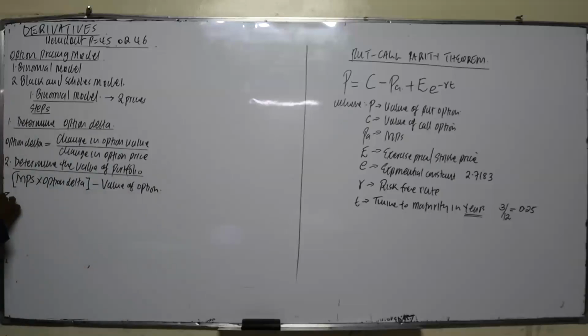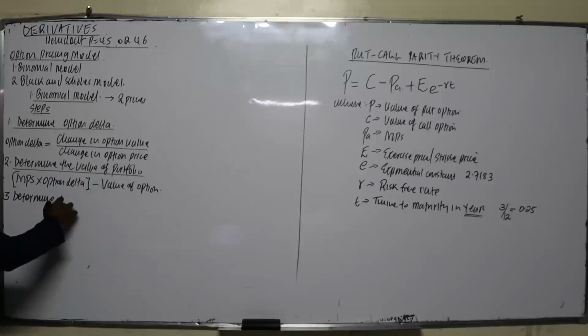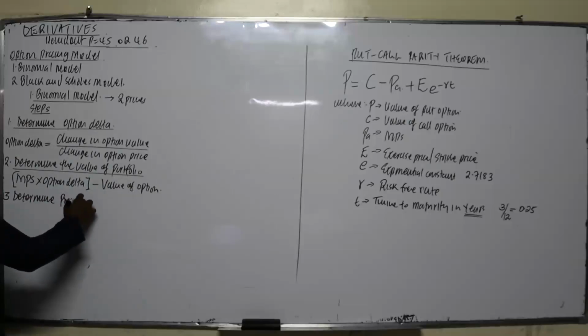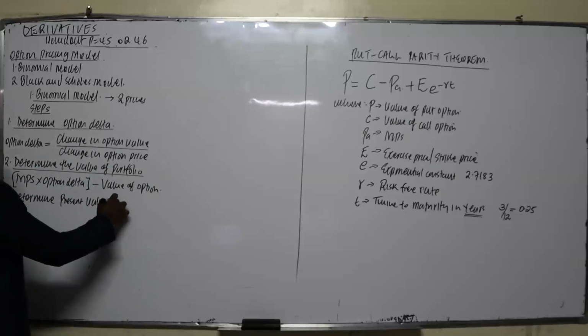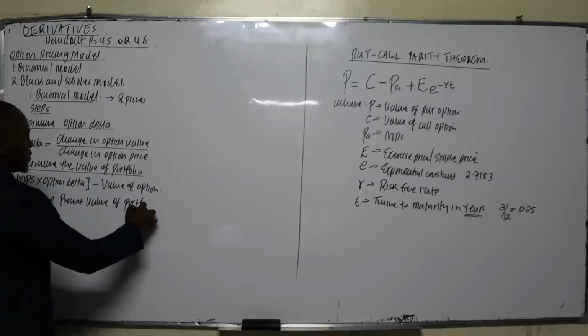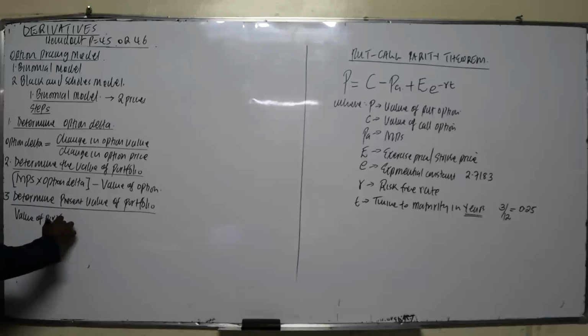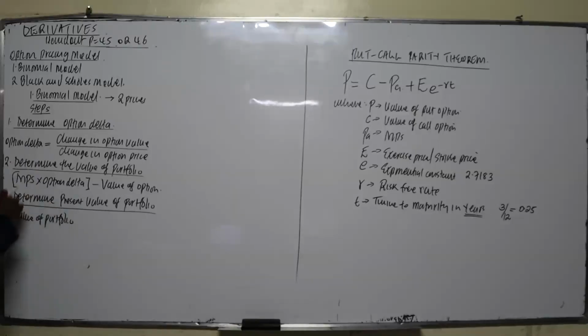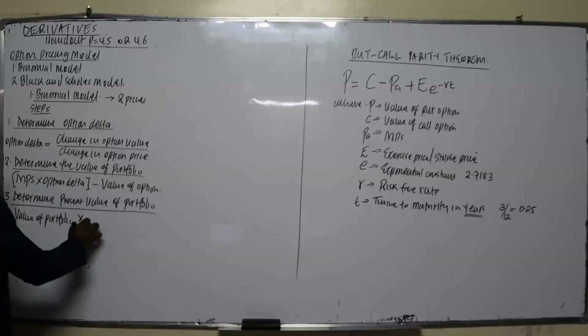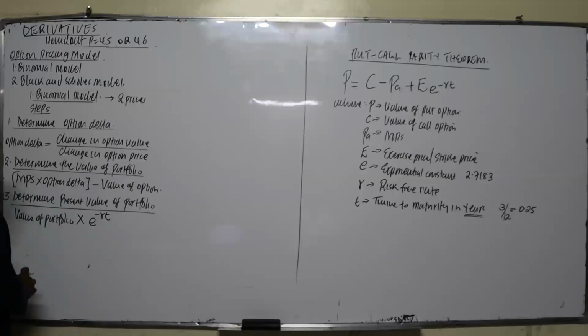Then the third step, you need to determine the present value of the portfolio. To get the present value of the portfolio, you take the value of the portfolio, the one you computed in step number two. Then you multiply by the exponential constant raised to power RT.